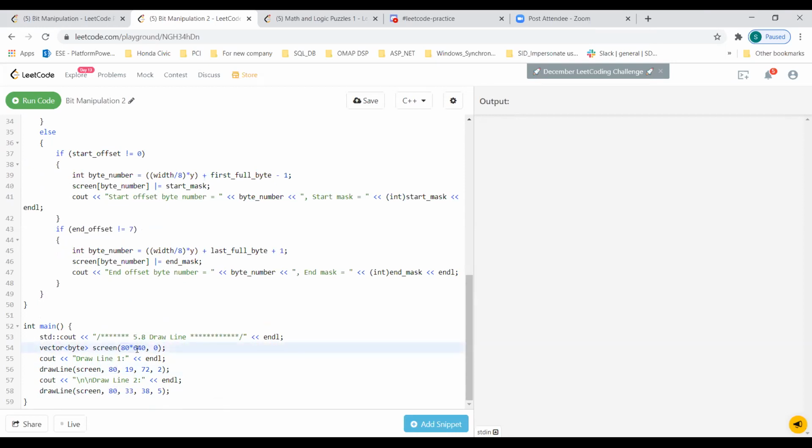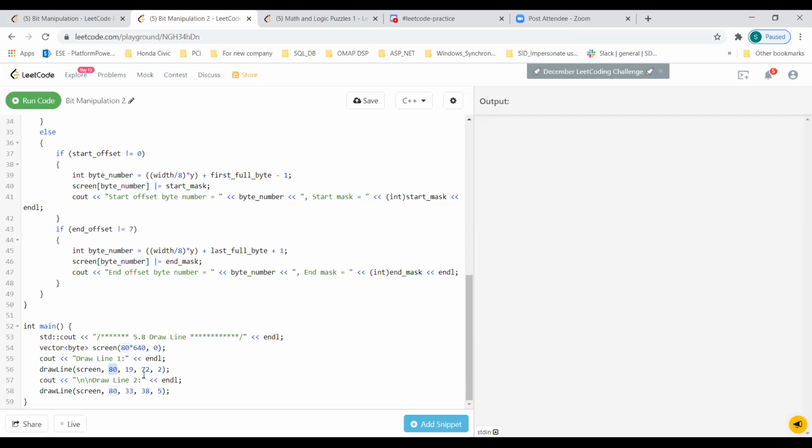Then I start from 19 to 72, and I'm starting on y, which is 2. So I'm starting on line 0, 1, 2, the third line, and in the third line I'm starting from the 19th location to the 72nd location. And my screen width is always 80.